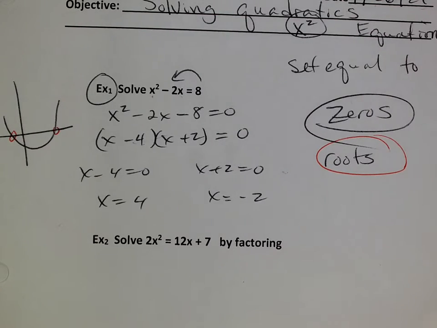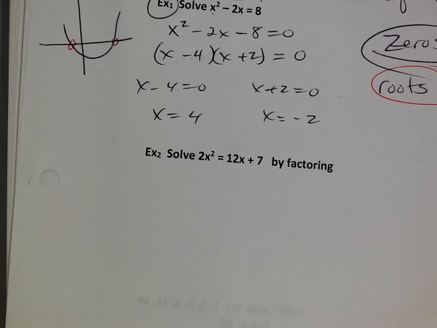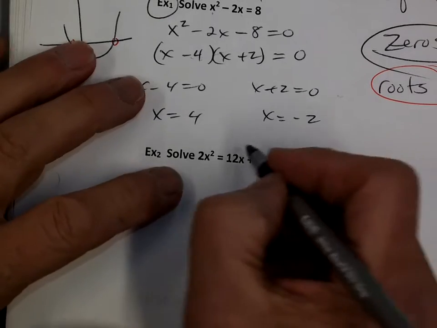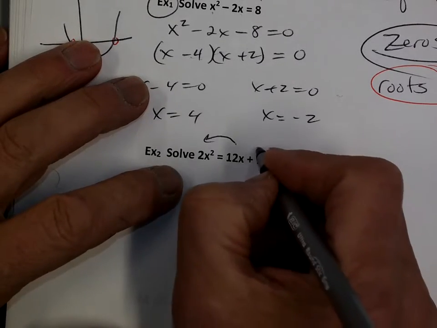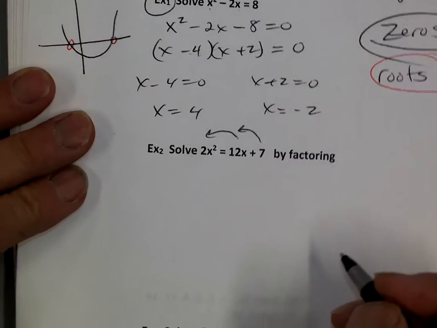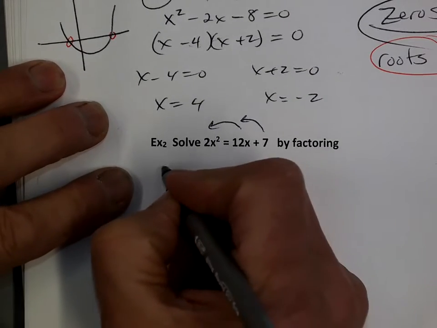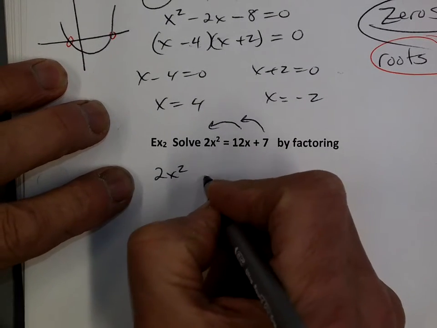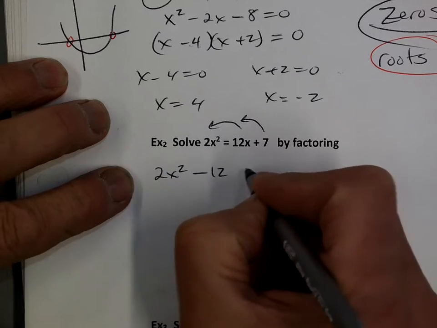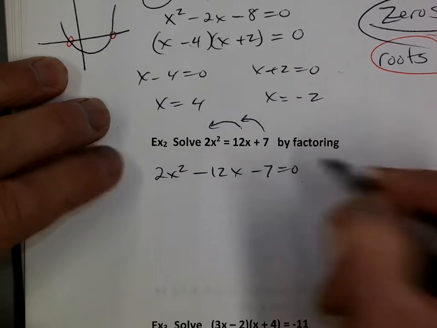So let's look at example 2. Okay, by factoring. Well, it will factor. So let's bring that over. I'm going to rewrite this as 2x squared minus 12x minus 7 equals 0, okay?